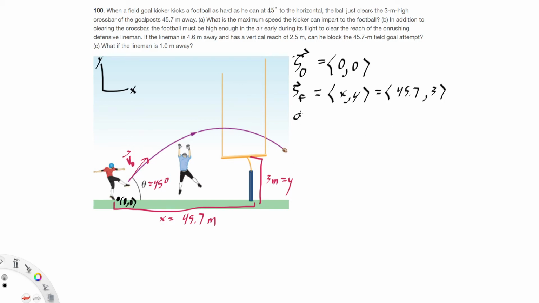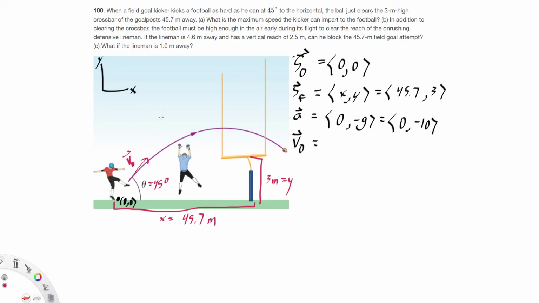The acceleration the ball is experiencing is just gravity. And we have initial velocity. Now this is going to be very similar to how we broke down the initial velocity in the last question.